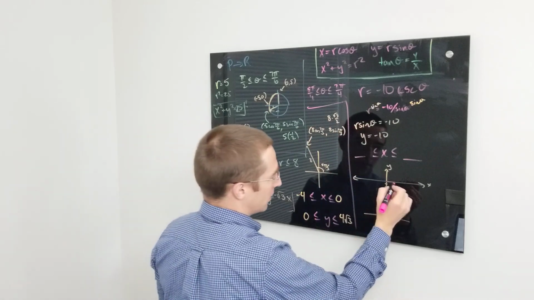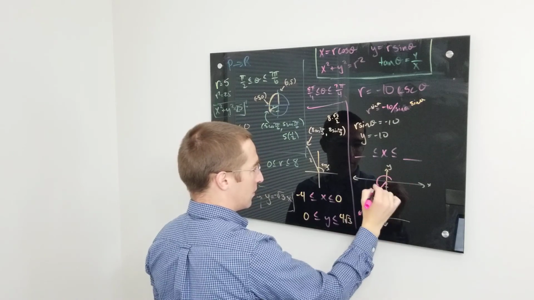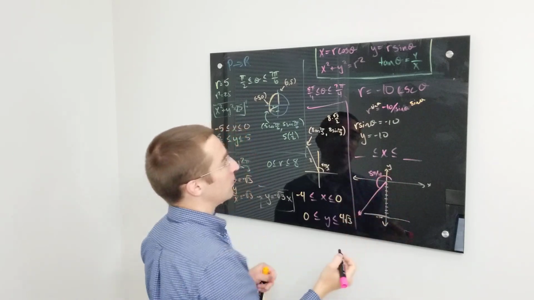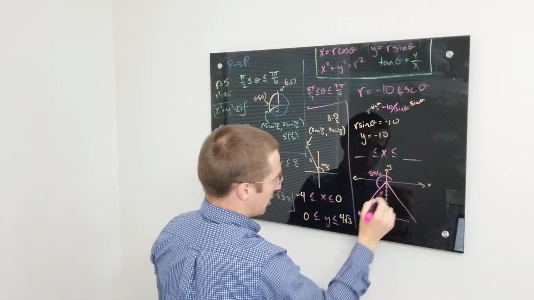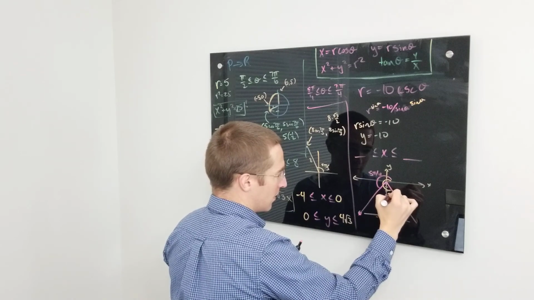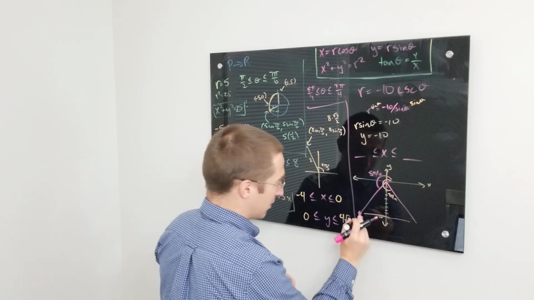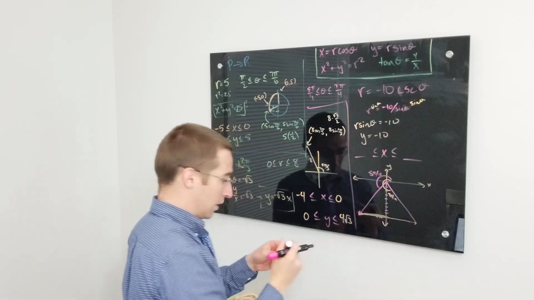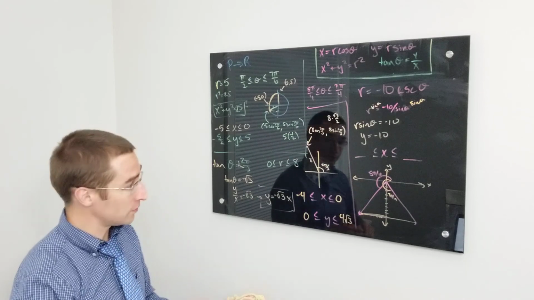So here, we're going to go 5 pi over 4, and this is going to be the angle 7 pi over 4. So basically we get what looks like, and in fact is, an isosceles triangle.